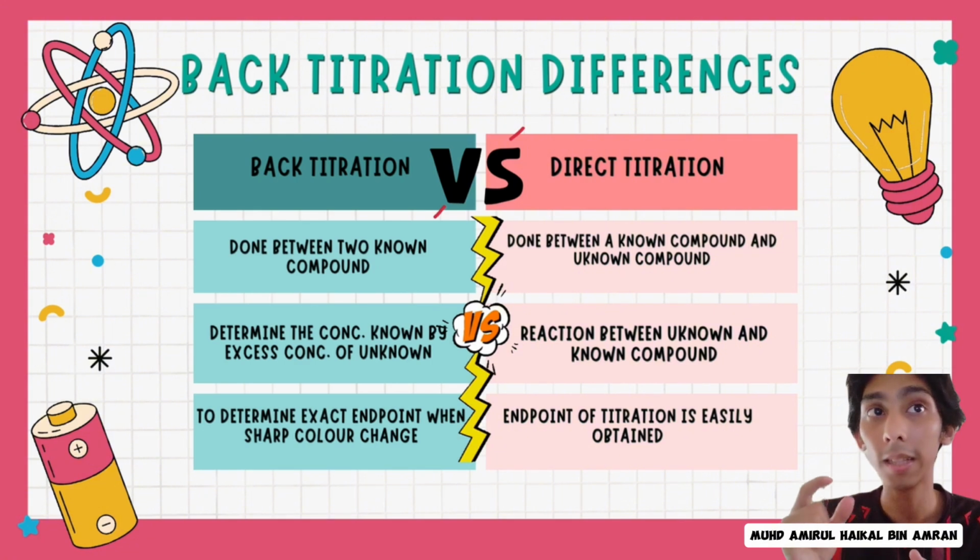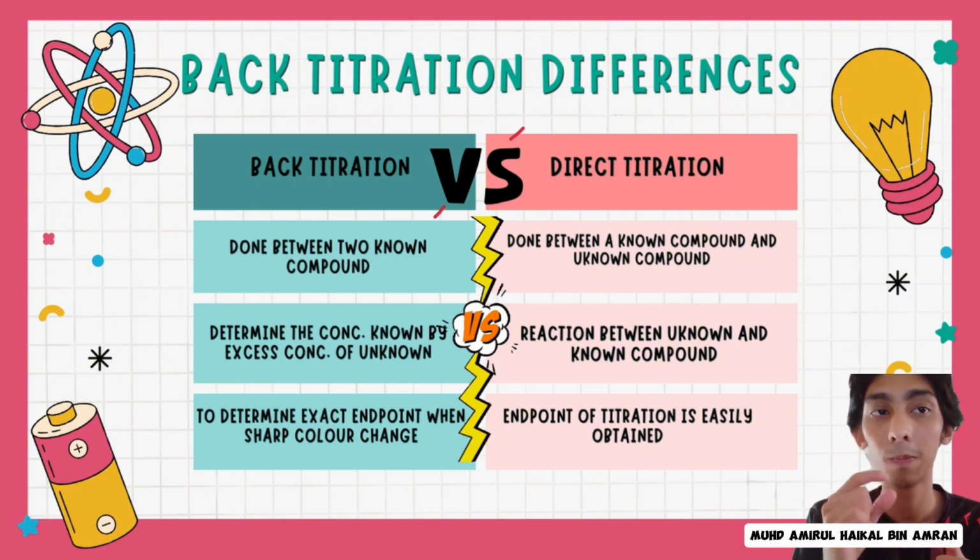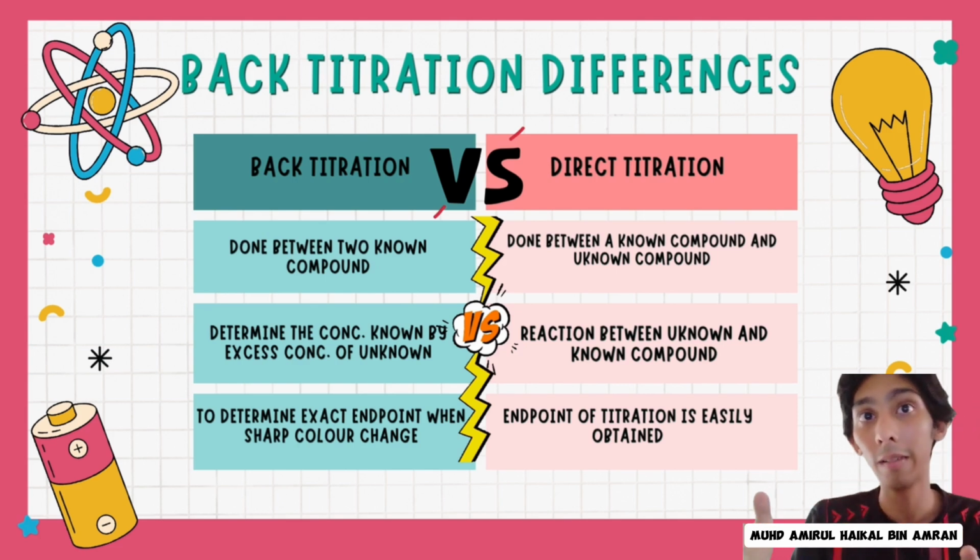The most important thing about back titration is that it determines the concentration of the unknown by the excess of the known, while direct titration is just the reaction between the unknown and the known compound. And finally, back titration determines the exact endpoint by a sharp color change, while in direct titration the endpoint is easily obtained.